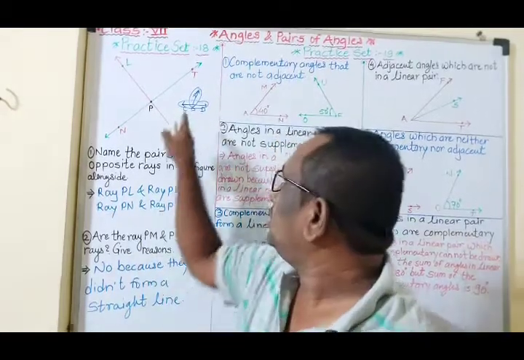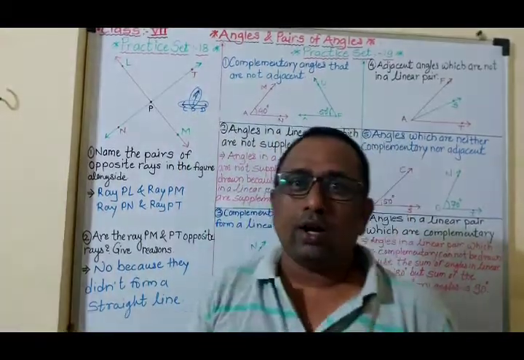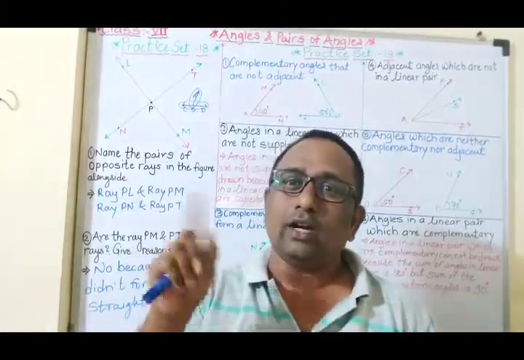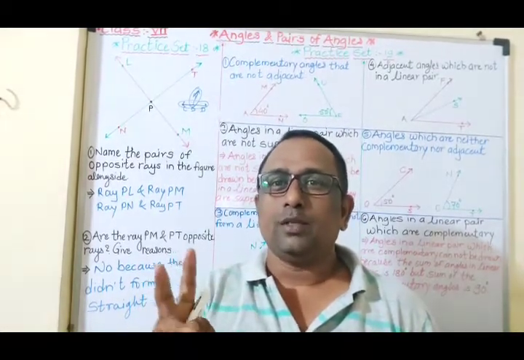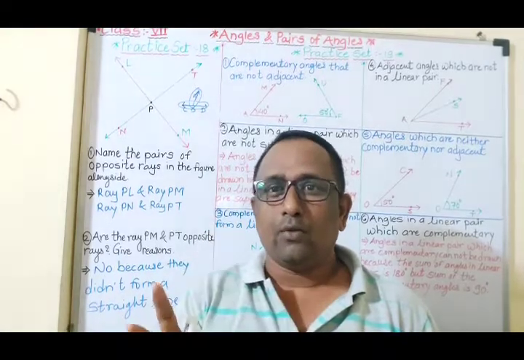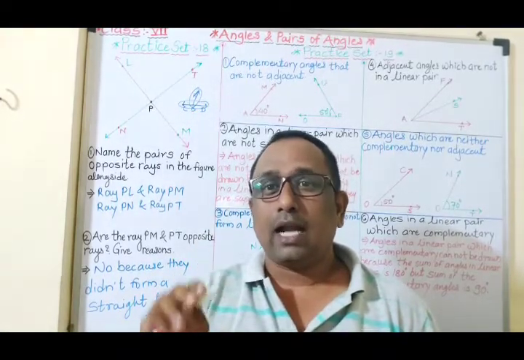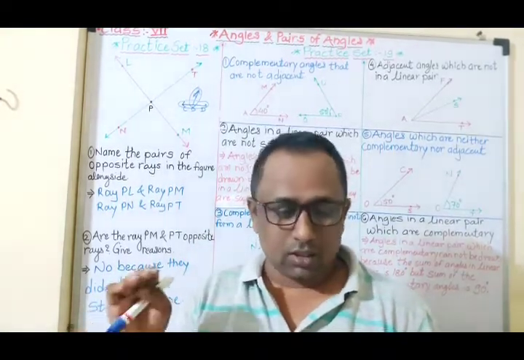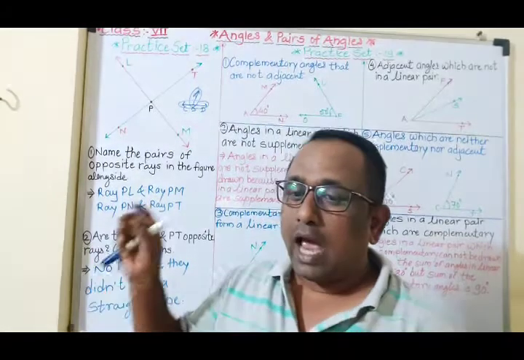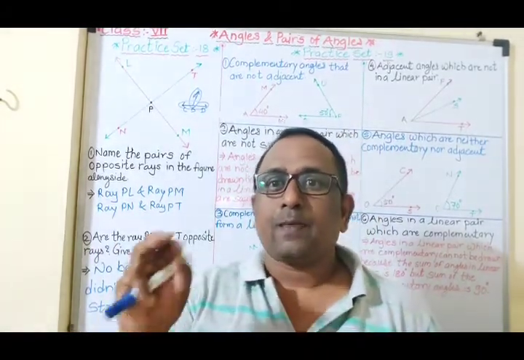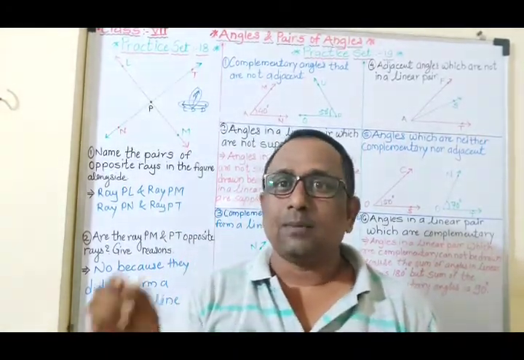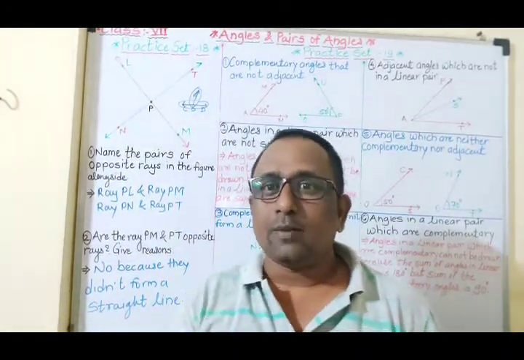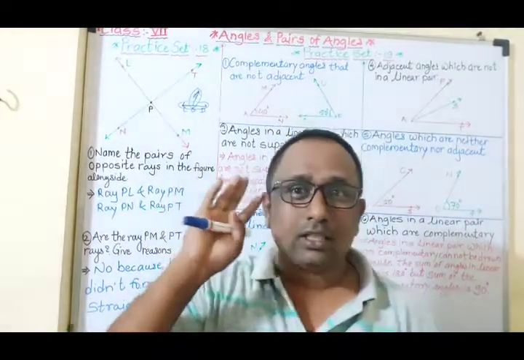We can say these are adjacent angles also. The adjacent angles definition I already gave in your notes: two angles having a common vertex and a common arm and separate interiors. So angles in a linear pair have a sum of 180 degrees, they are supplementary angles, and they are adjacent angles. Keep this in mind.